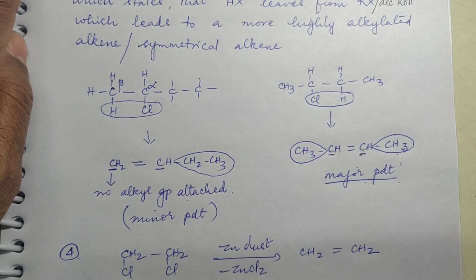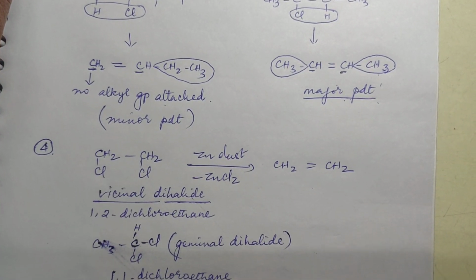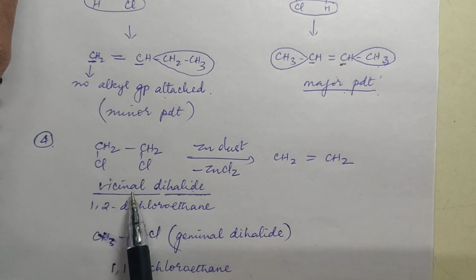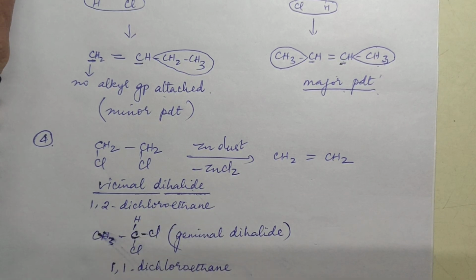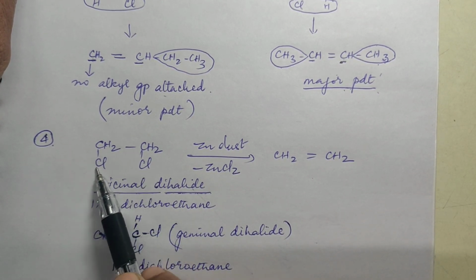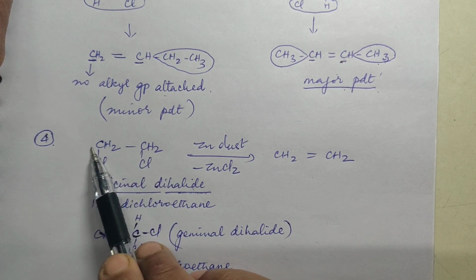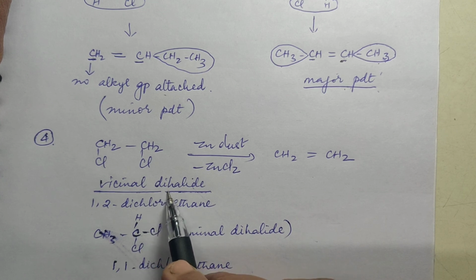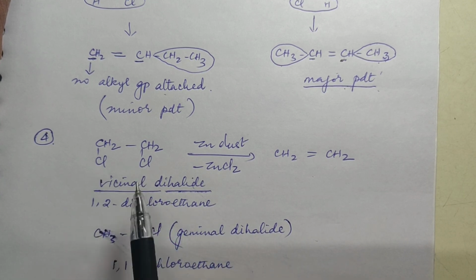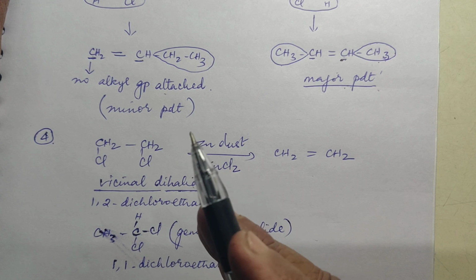Right. Then the last method is from vicinal dihalide. Now what is vicinal dihalide? If halogen atoms are attached to 2 different carbon atoms, then it is called vicinal dihalide. So already dihalide shows that there are 2 halogens. Okay. What is the position of the halogen?